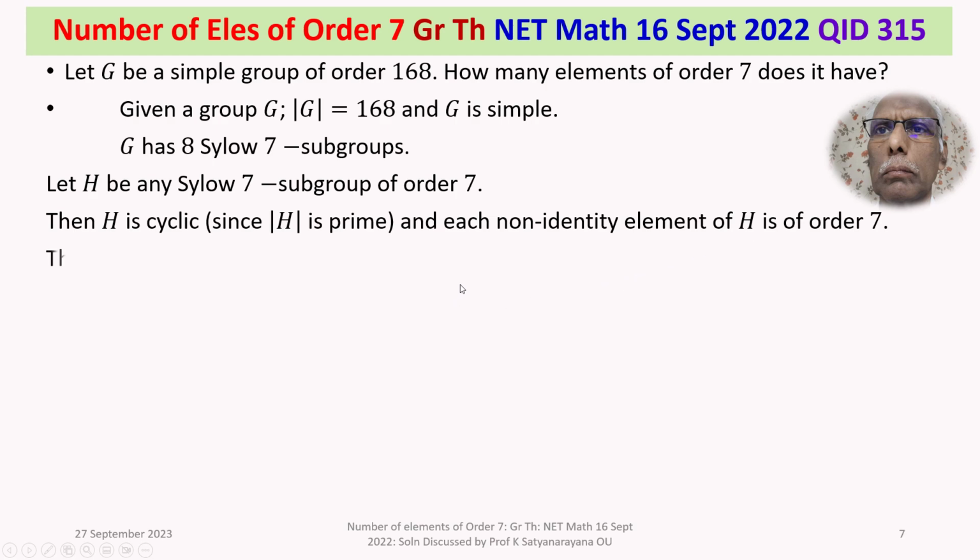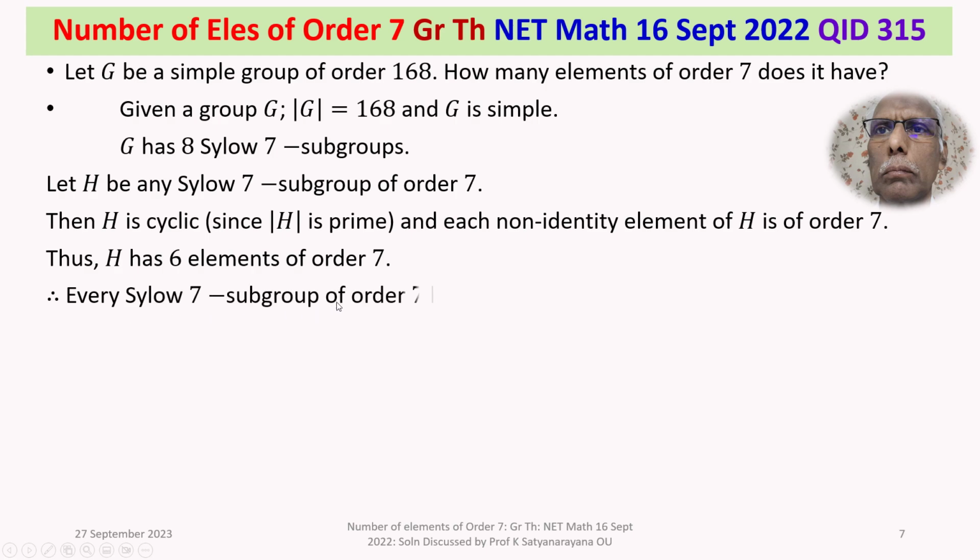So that means H has 6 elements of order 7. Out of 7 elements, leave 1 element, the remaining 6 elements are of order 7. This is with respect to H being any Sylow 7 subgroup. That means every Sylow 7 subgroup of order 7 has 6 elements of order 7.